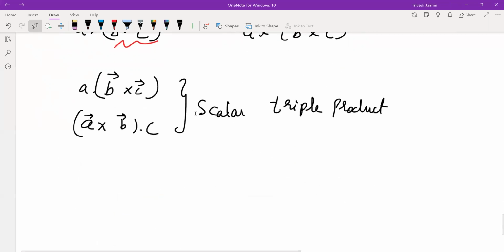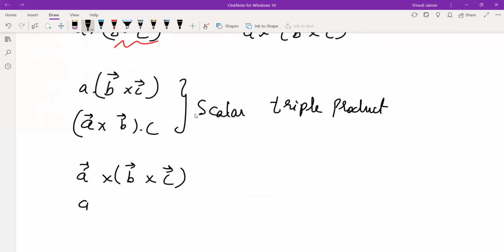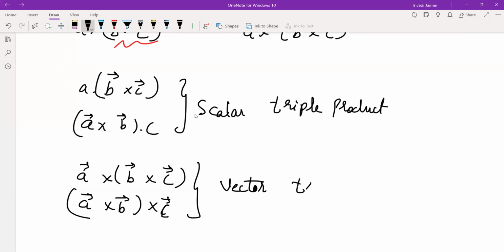All the cross products: A cross B cross C and A cross B cross C. These are vector triple products. Even the scalar triple product has another name, that is box product.